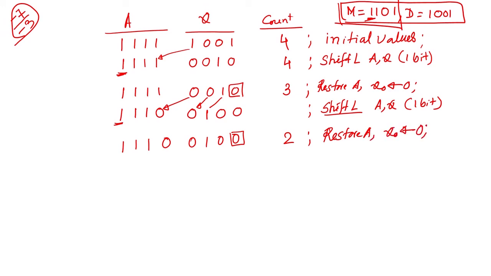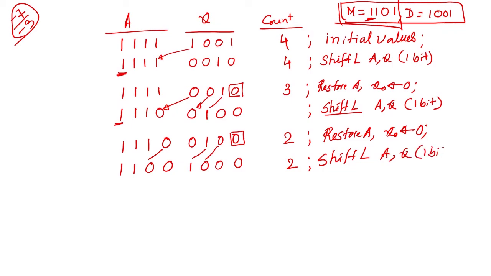Again you shift left. So, this will be 1 1, this 0 will come here, this 0 will come here, this 1 will come here, this will be 0, this will be 0, and then this will be 0. Shift left AQ 1 bit.